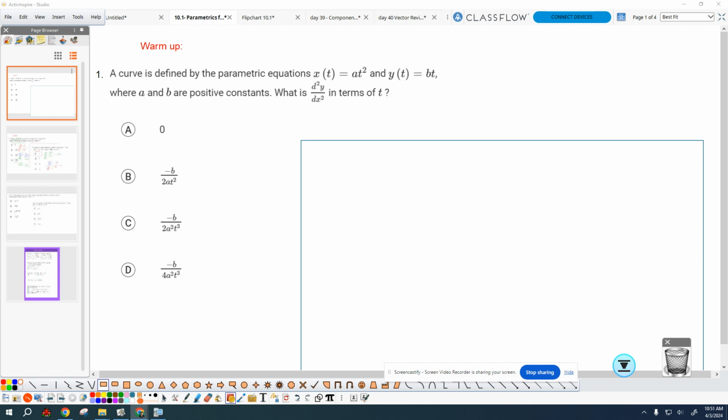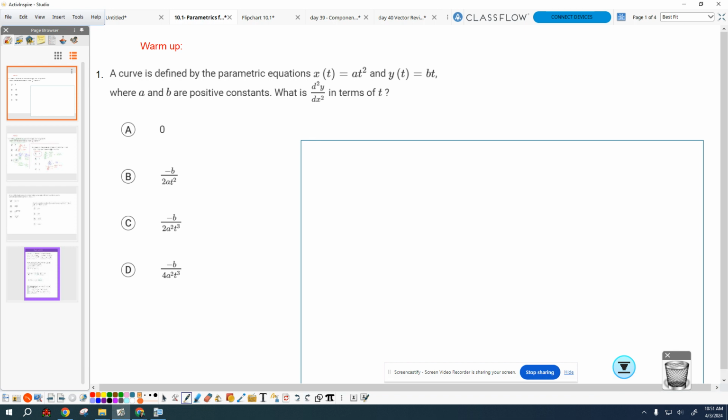Multiply derivative. Step one? Okay, I'm asking you to do the double derivative. Can you at least do the first derivative? Yeah. How do we do the first derivative?